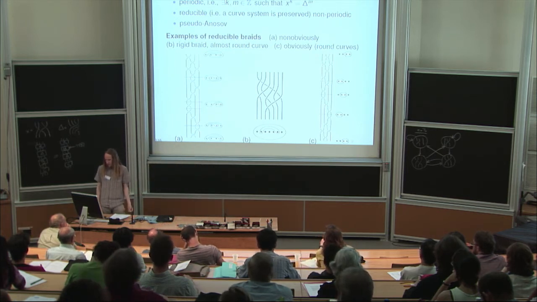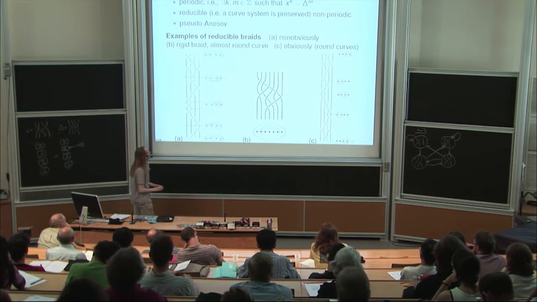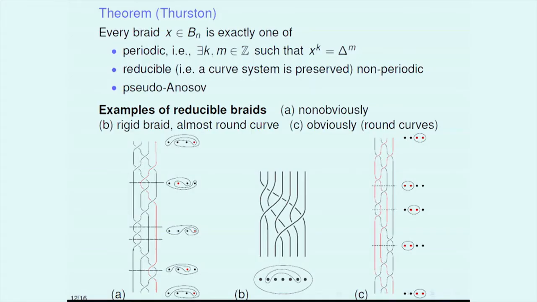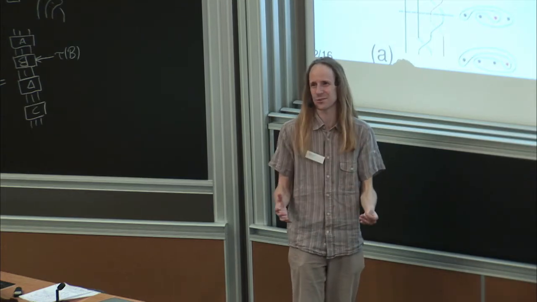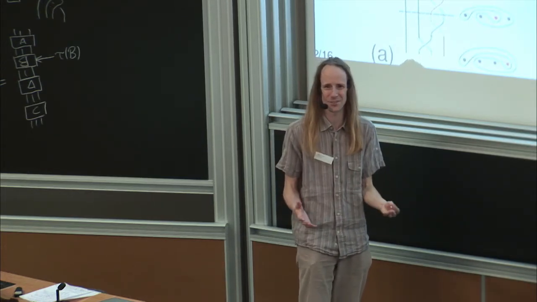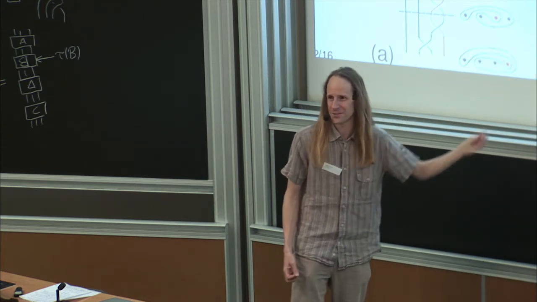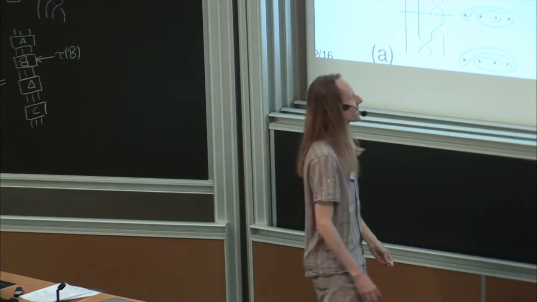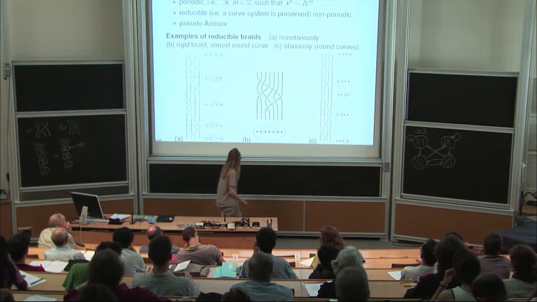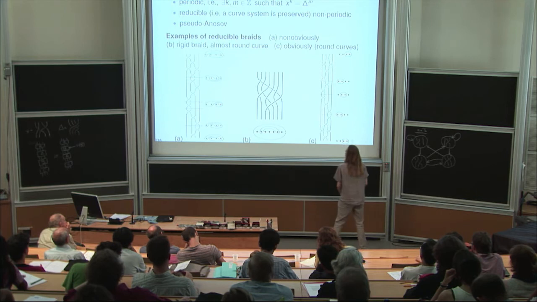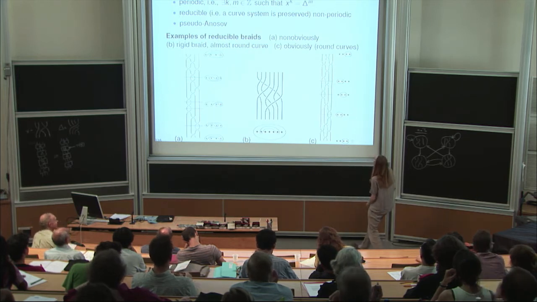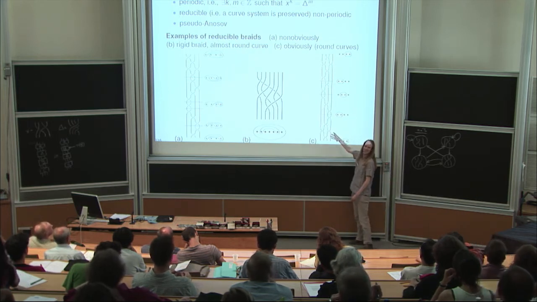In this example, this braid is actually still rigid, which is stronger than being as short as possible in its conjugacy class. So it's a really nice representative of the braid within its conjugacy class. And still, the reducing curves are not round. So this is depressing news.